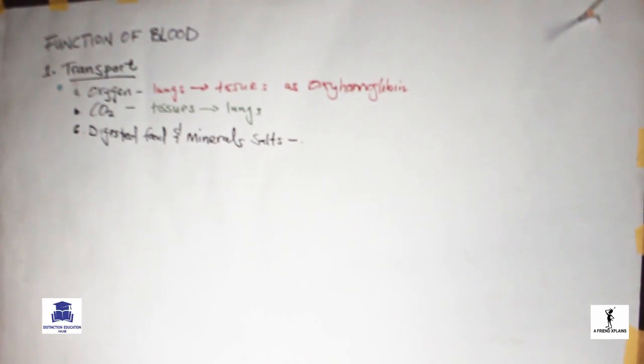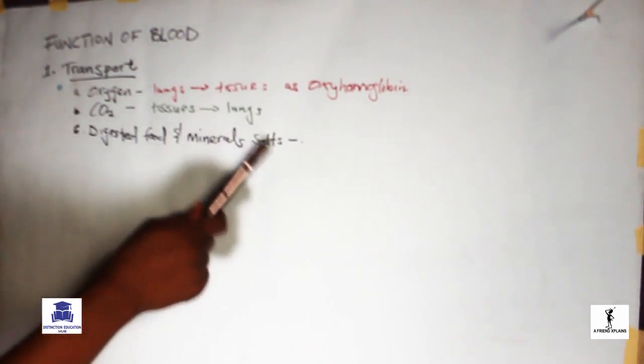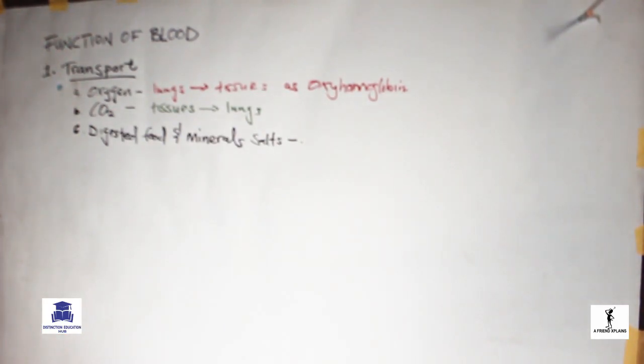What happens is that food that has been digested and these mineral salts are carried from the digestive tract, particularly the small intestines, to the liver, where amino acids and sugar levels are balanced, and then these are released into the general circulation.